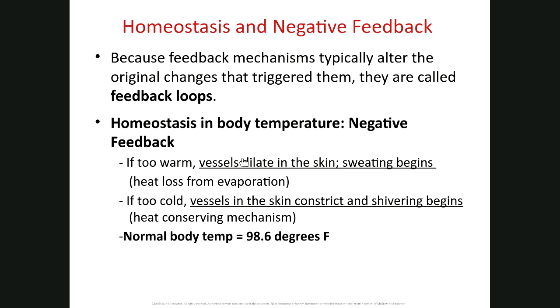I'm sure at some point you'll have a question about this because this is part of the body's response to changes in body temperature. If body temperature rises, if you're going above 98.6, blood vessels in the skin dilate. That means the vessels get larger.